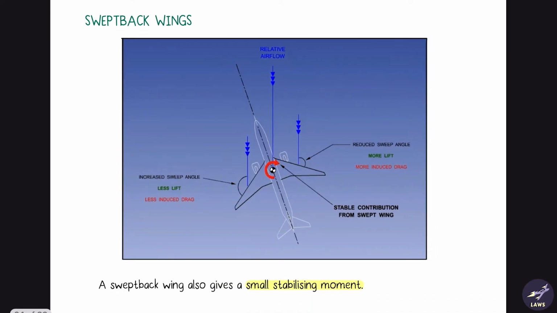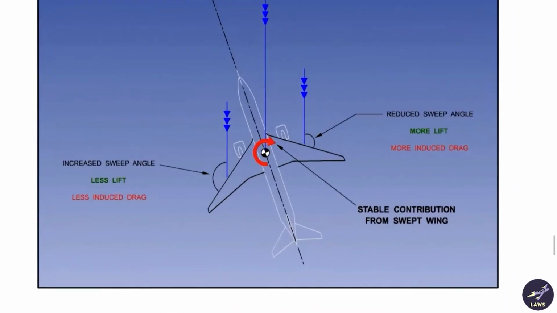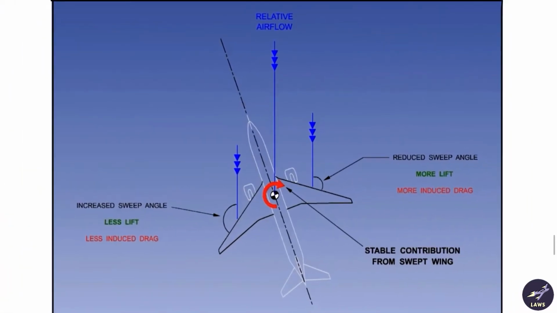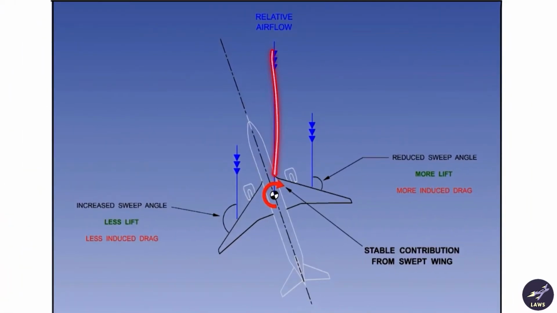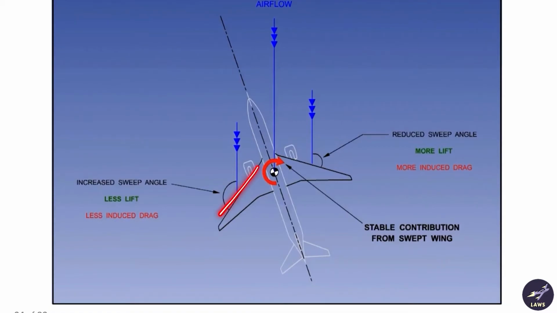Next is the effect of swept back wings on directional stability. If we see, the relative airflow is coming from here, and the aircraft is moving in this direction. The left side has an increased sweep angle, the right side has a decreased sweep angle. Increased sweep angle means more span-wise flow, and more span-wise flow means less chord-wise flow.